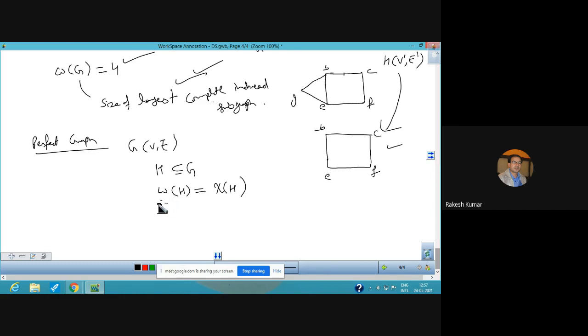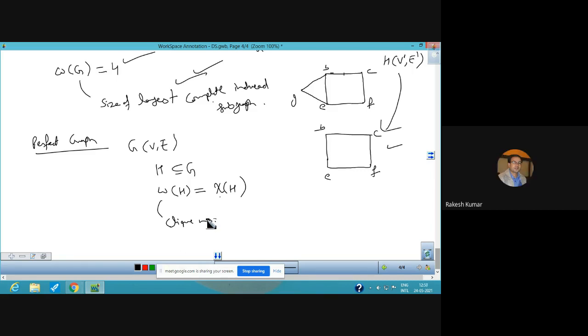W of H, W means the clique number, which we have recently read about. And this is your coloring, the chromatic number. Chromatic number of H is equal to clique number, then the graph is said to be a perfect graph.